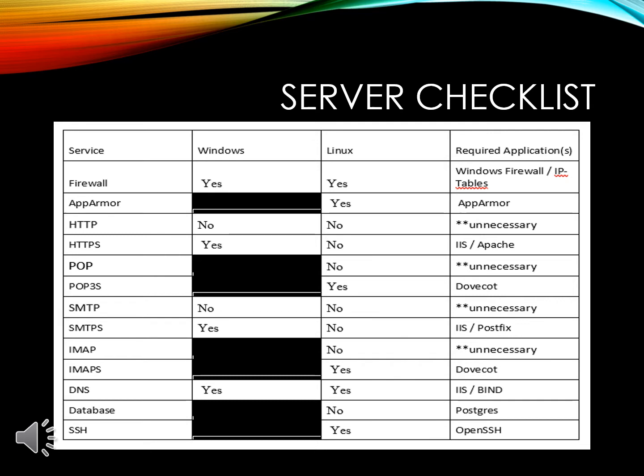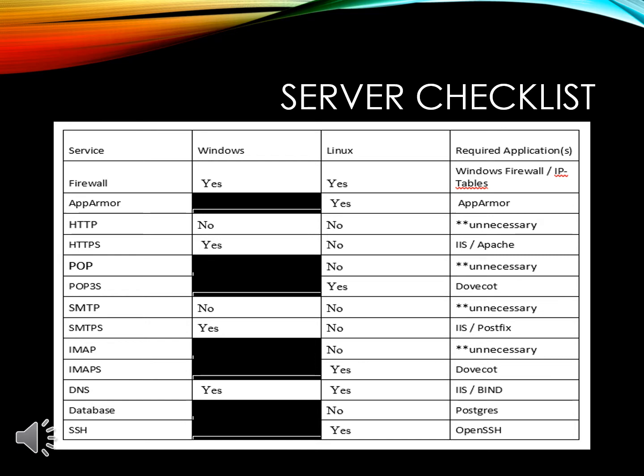IMAP was unnecessary for Linux and therefore it was filtered out. IMAPS was configured for Linux using Dovecot. DNS was configured for both Windows and Linux using IIS and BIND. The database was not configured for Linux.